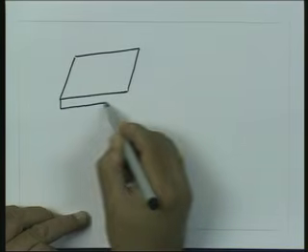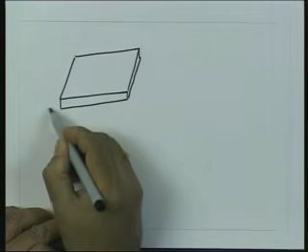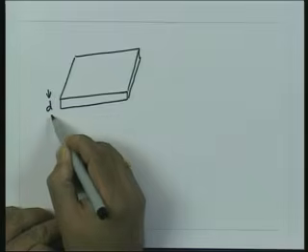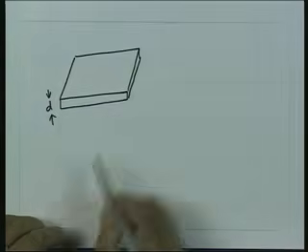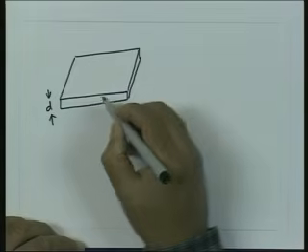The idea is as follows. Let us say I have a surface which is having, let us say, a thickness d. Let us say I have a charge density inside this slab which is given by rho.